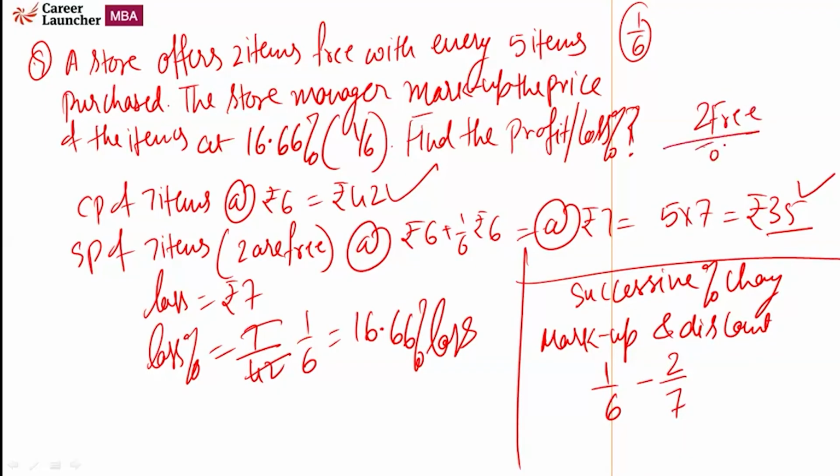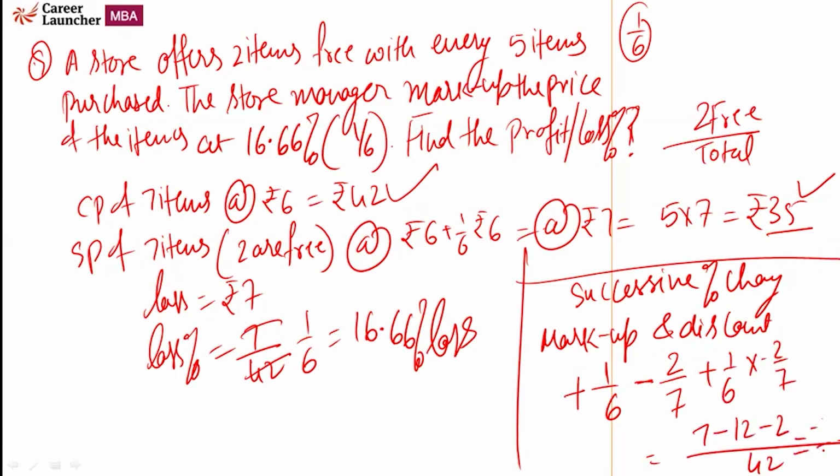Whenever we calculate discount, free items come in the numerator and total comes in the denominator. So discount is negative, markup is positive: plus 1 by 6 into minus 2 by 7. I'll take the LCM of the denominators as 42. I'll say 7 minus 12 minus 2, which comes out to be minus 7 by 42, which is minus 1 by 6.